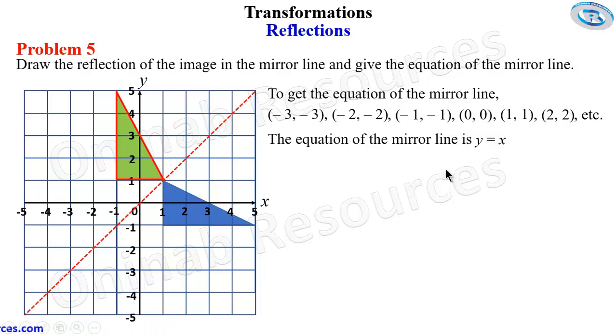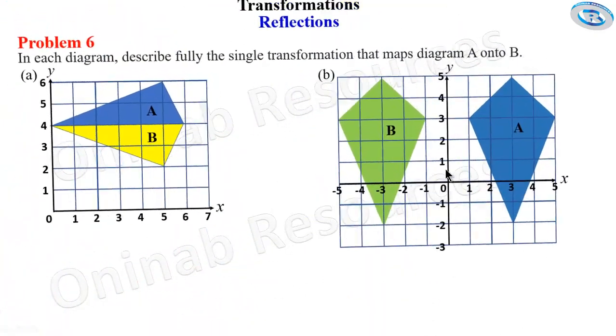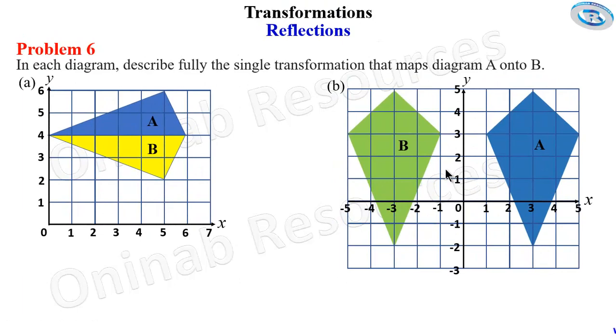We then go to problem 6. For problem 6, in each diagram, describe fully the single transformation that maps diagram A onto B. So we have 2 diagrams here, labeled A and B. Starting from A, we need to see what type of transformation this is first.